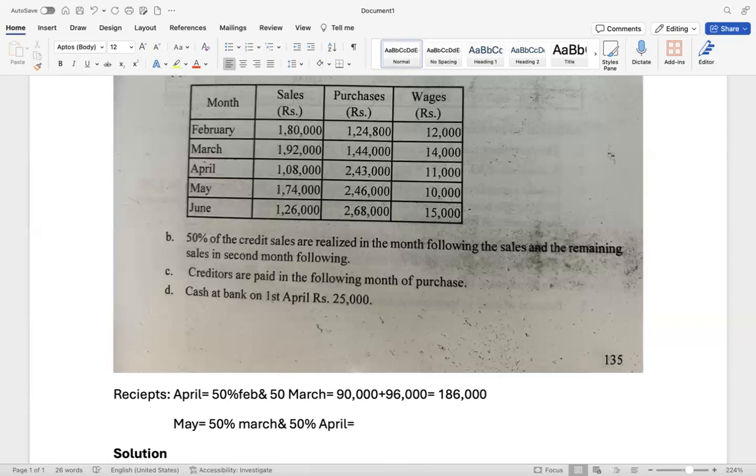March sales are 1,92,000. So the 50% that is 96,000 plus April sales are 1,08,000. 50% of 1,08,000 is 54,000. That is equal to 1,50,000.